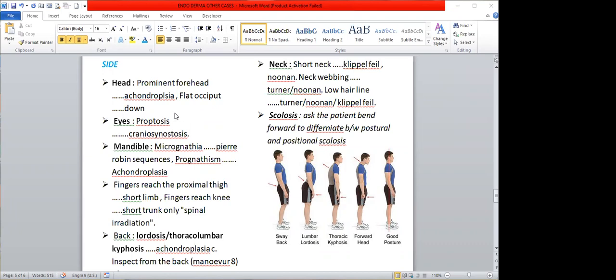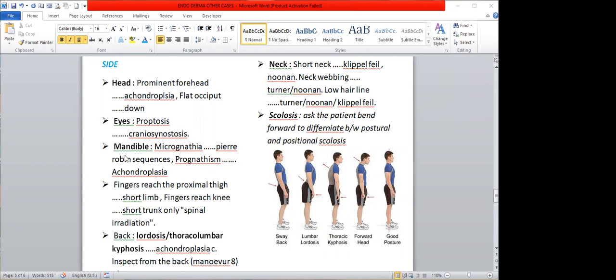Now, proptosis can be seen in the side view. In the side view, we look at whether the eye is bulging out or not. At that time we can think about craniosynostosis, like Apert, or maybe Crouzon.